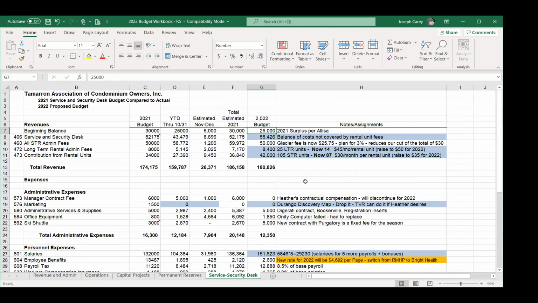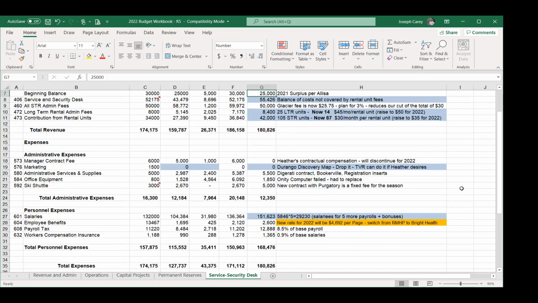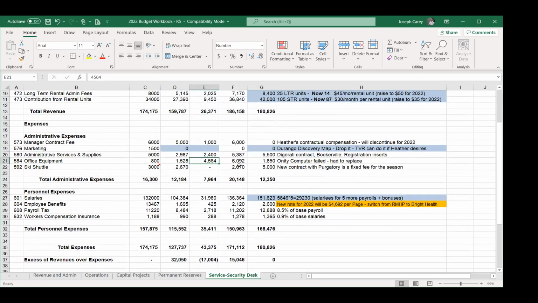So you still would end up with $27,000 left in the bank. Either way, you could up this number by $5,000 and cover the cost of the key maker, the dip machine, whatever you call it.